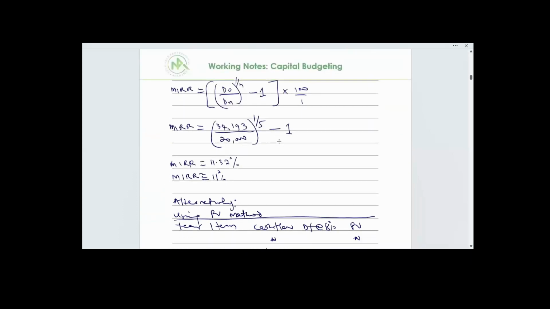So with this, I would then say modified internal rate of return is equal to the PV, present value of cash inflow. It could also be called present value of return phase cash flows. Return phase cash flow, that's when the project is generating returns.